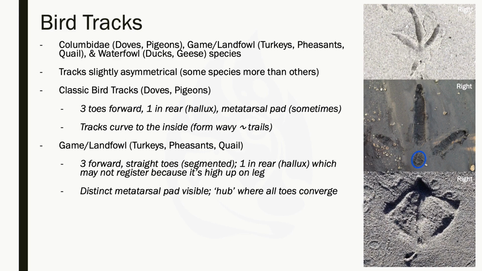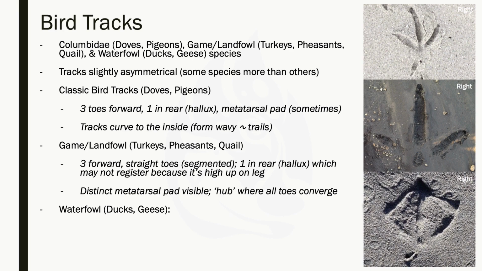In many cases, the toes won't connect to it, and you can see that here with the blue circle. So it's usually some sort of round hub, if you will, where all the toes would converge if you connected them all the way to the middle, and that's common with all bird tracks. So typically in the game and landfowl, you'll always see an outline of that metatarsal.